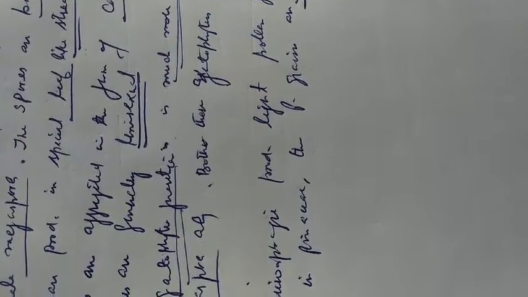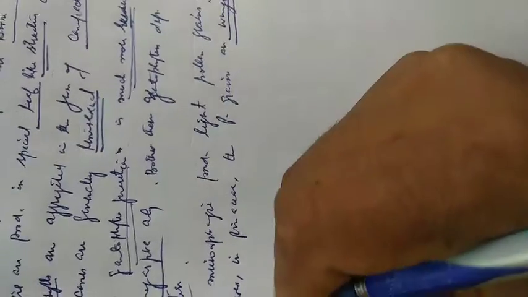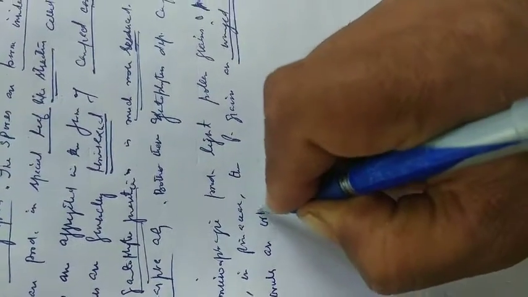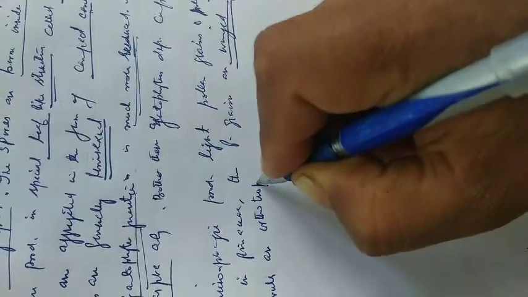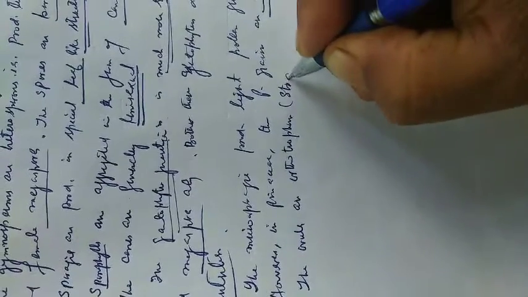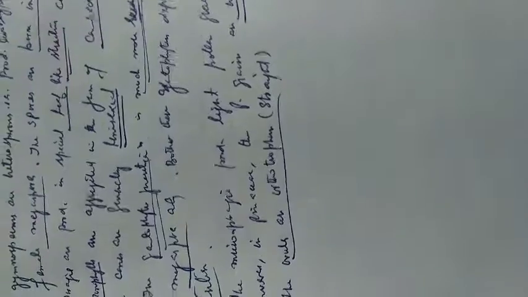Number 15, the ovules are orthotropous, that is, straight, and unitegmic.